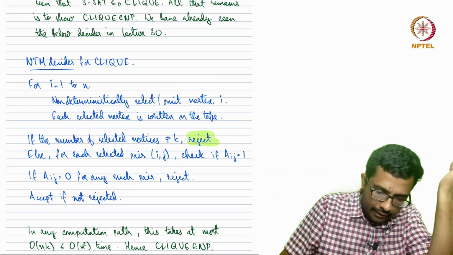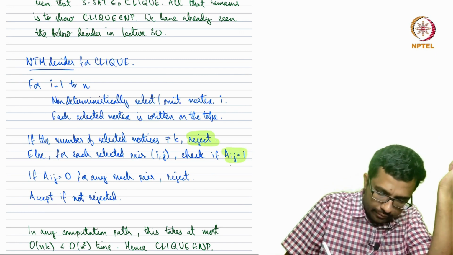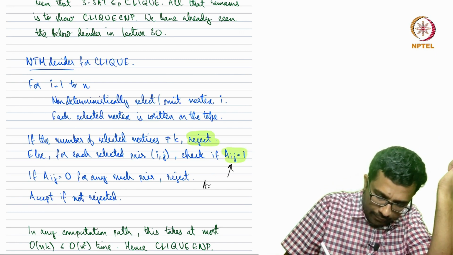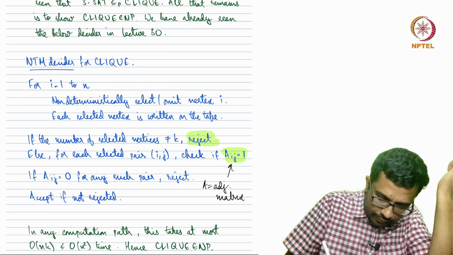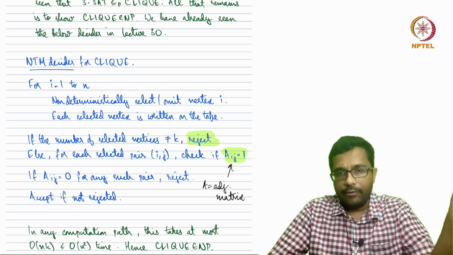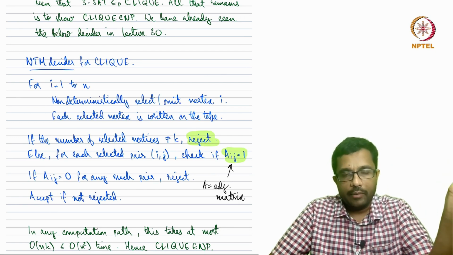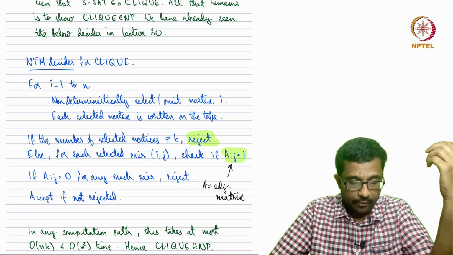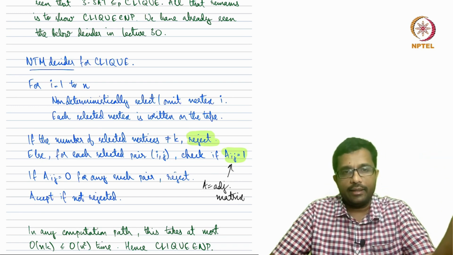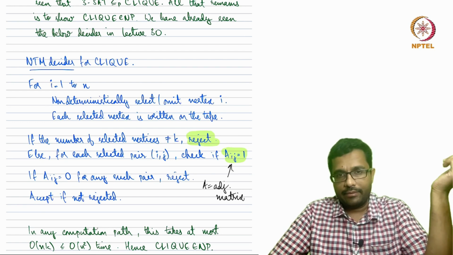So Aij is 1, where A is the adjacency matrix, right? So for any i, j, if Aij is 0, or in other words, there is no edge between i and j, then we reject. If all of them are adjacent, we accept, right?